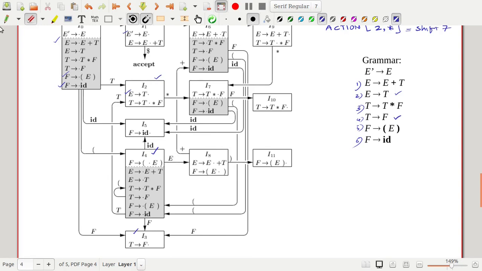So we will check whether there are any terminals after the dot. Here there are, right, terminals after the dot. Then next we will check whether there is any transition for these. For the bracket there is a transition like this, and for ID there is a transition here. So we can fill the action part corresponding to it.